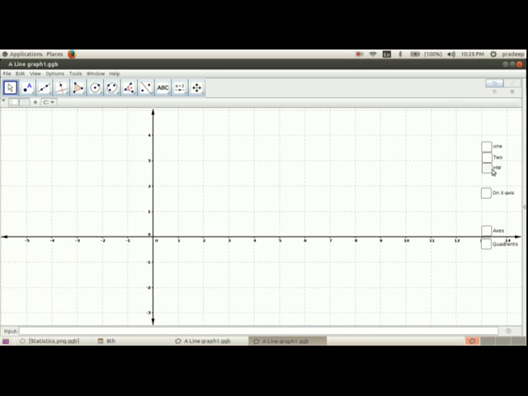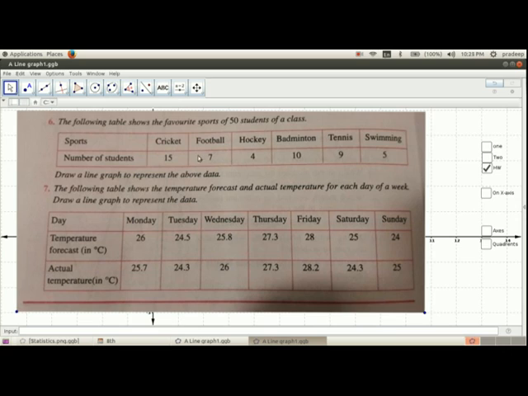Then we can think of a homework here. Sports items: cricket, football, hockey, badminton, tennis, swimming, and in each of these categories the number of students participating are also given, and we have to draw a line diagram of this previous type.